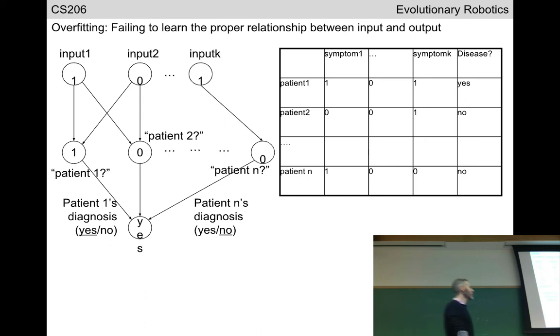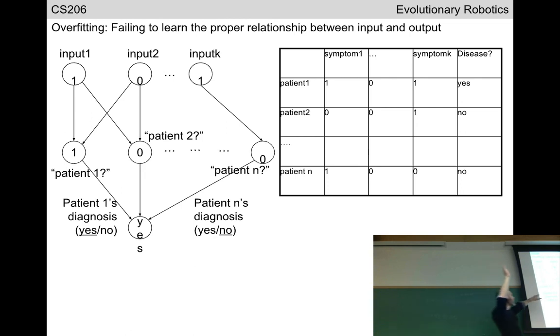So we're now going to try and train our neural network to take as input patient N+1 and their symptoms. And the neural network is then going to output a prediction about whether that patient is suffering from that disease or not. Let's imagine we have N patients in our data set, and we have N hidden neurons. What can happen is that when we train our neural network, the subfunction at each of these N hidden neurons is not AND or OR, it's a patient recognizer.